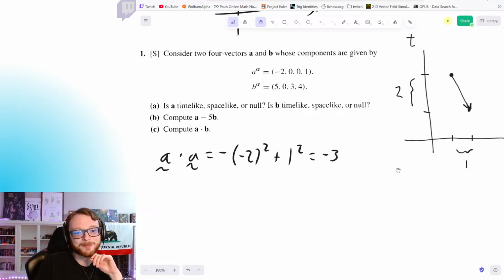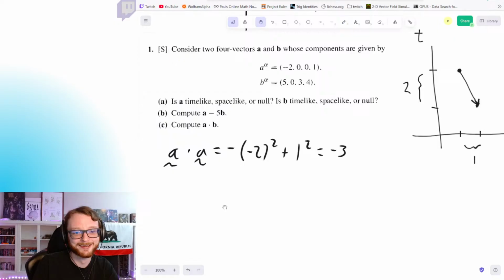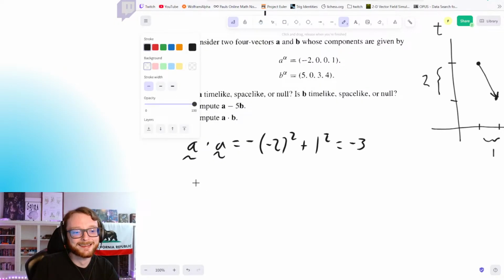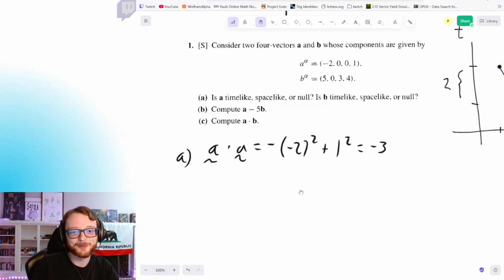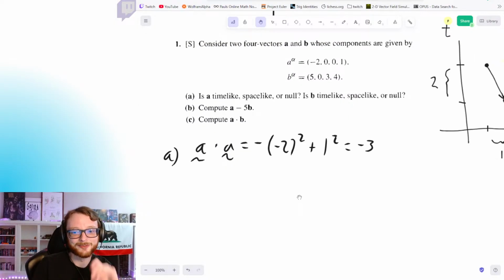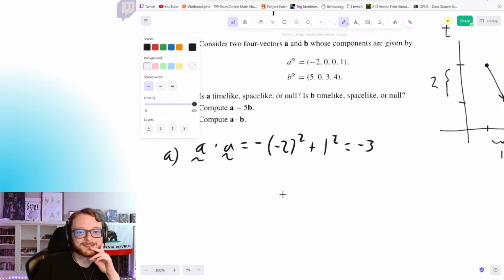So maybe two events are separated by a negative amount of time. Yeah, because in that picture they had at the start of the chapter, they had arrows pointing up and down for time-like, and I assume you could always flip the arrows pointing left and right, and it's not so different. Yeah, I think I'm down with saying A is time-like.